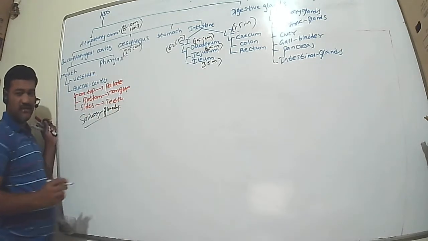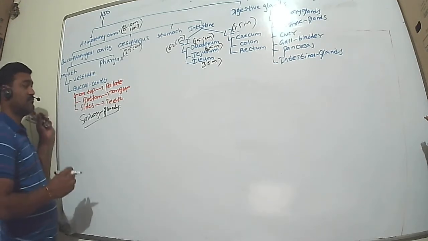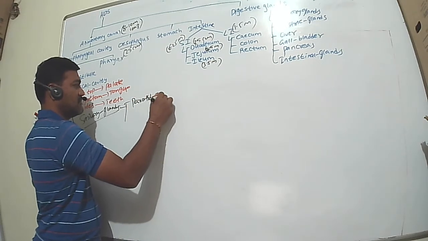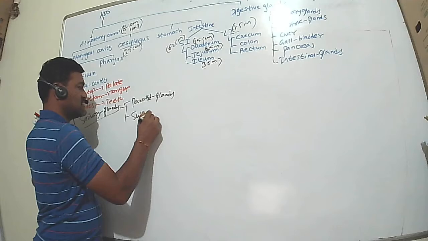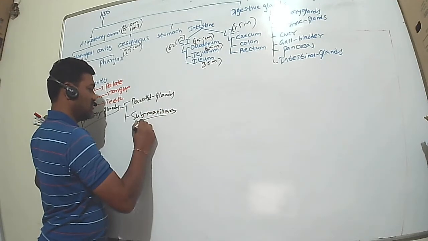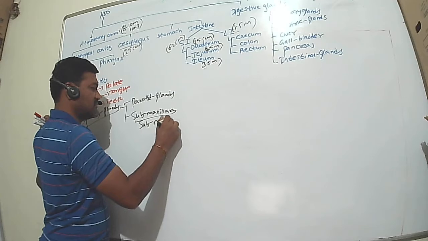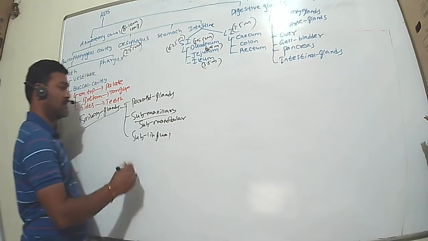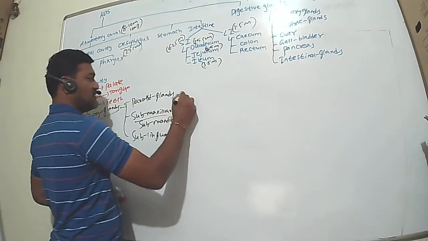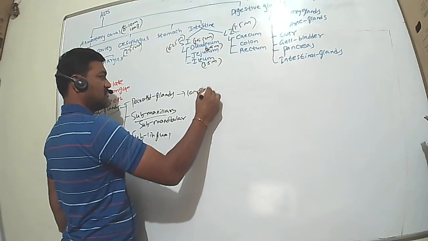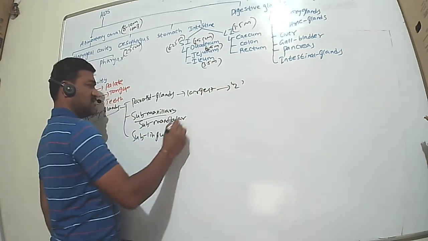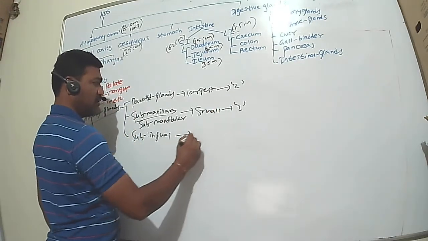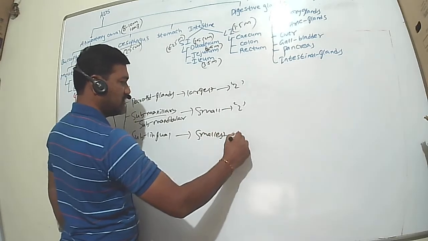Salivary glands are the first digestive glands, and there are three types of salivary glands: the parotid glands, and next the submaxillary or submandibular glands, and lastly sublingual glands. Parotid glands are the largest in size and they are just 2 in number. Submaxillary are small in size, they are also 2 in number, but sublingual are the smallest and they are many in number.